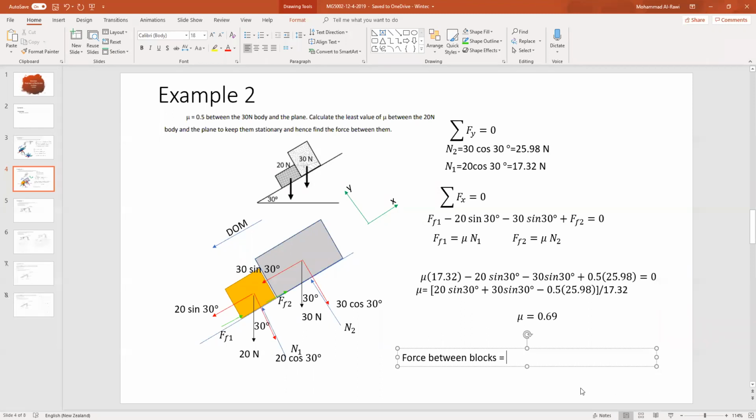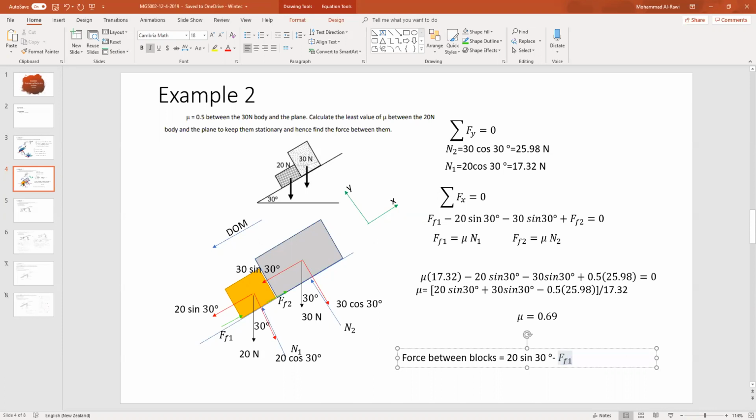The force between them equals 20 sine 30 degrees minus what? Minus the FF1, the FF1 which we just determined.